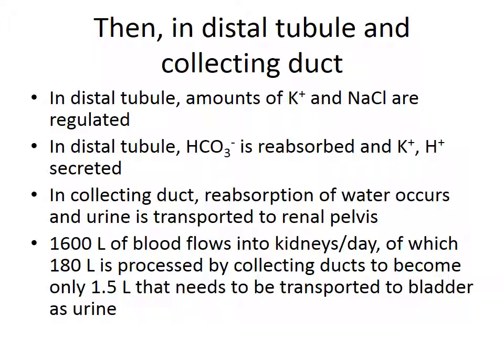So you can see that 1,600 liters of blood, all this water, is moving back into the body, because by the time we get through this, from the Bowman's capsule, and we go down and up, and we're over here, and we get to the collecting duct, practically all 1,600 has been taken back, and what we're left with is just 180 liters, which is in the collecting ducts, and that is an order of magnitude less.